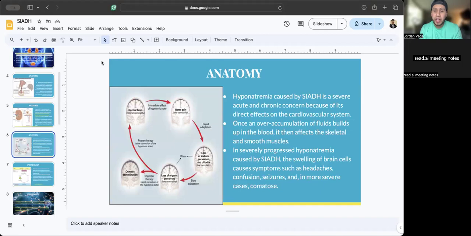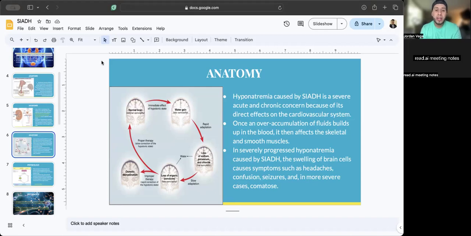In severely progressed hyponatremia caused by SIADH, swelling of our neurons or brain cells causes symptoms to manifest, such as headaches, confusion, seizures, and in really severe cases, coma and mortality.